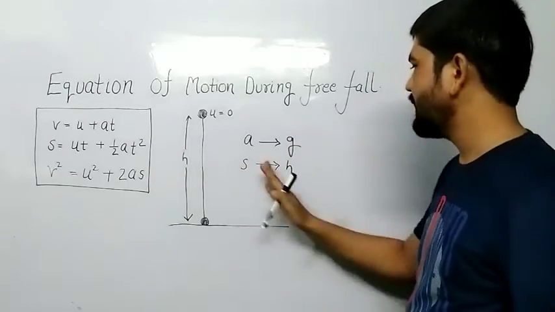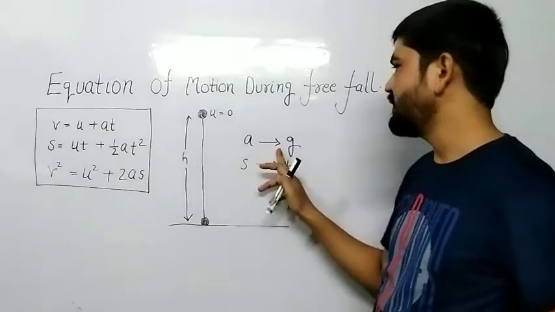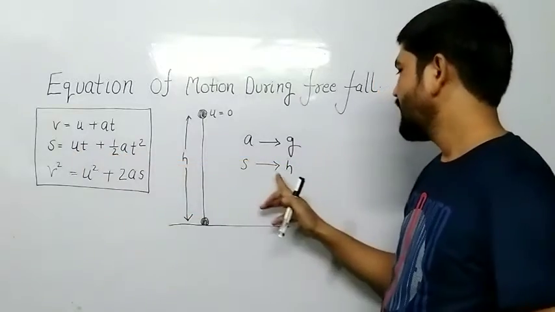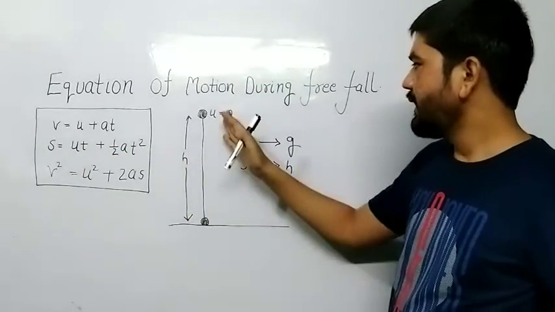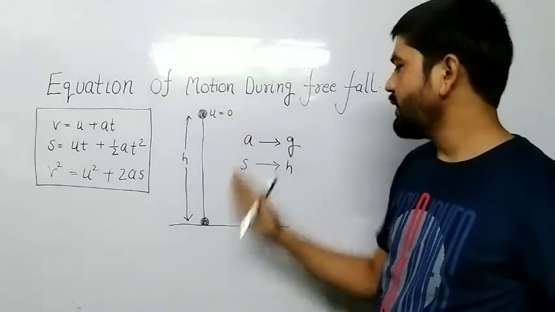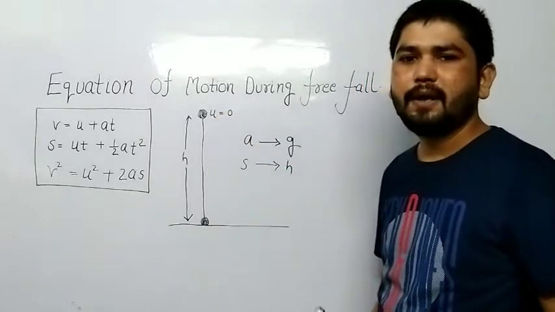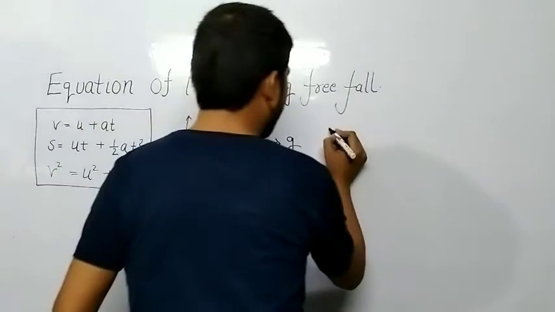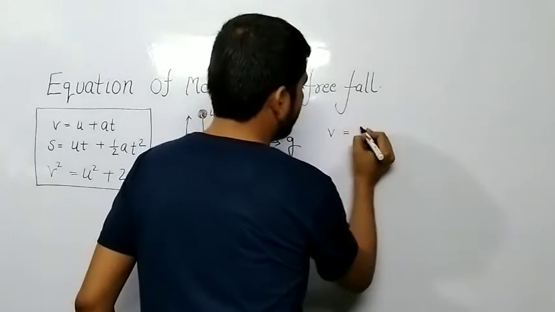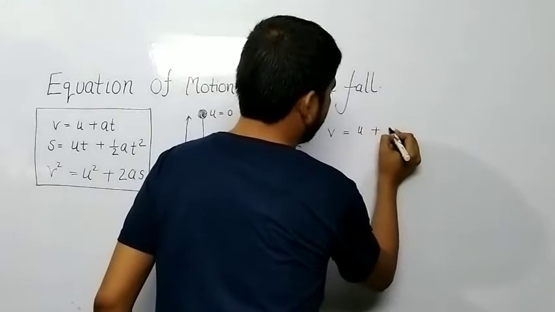Now change these equations: in place of a, write g, and in place of s, write h. And the time taken from this point to the ground is small t. So what will the equations be? v is equal to u plus gt.